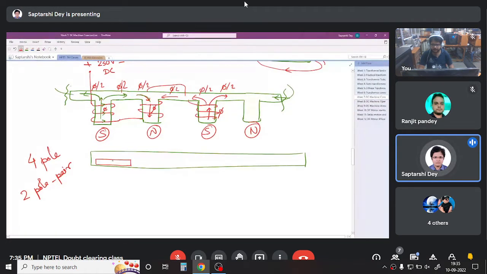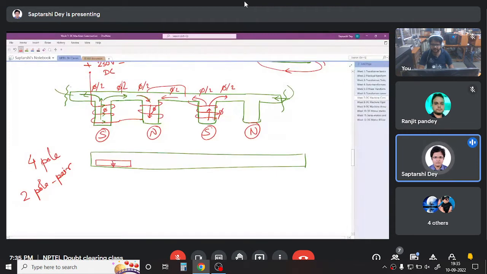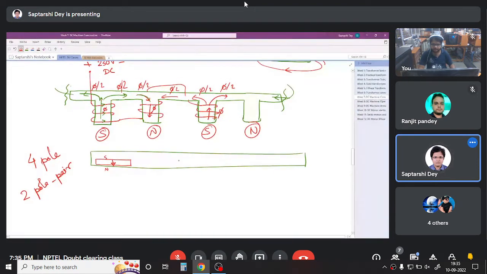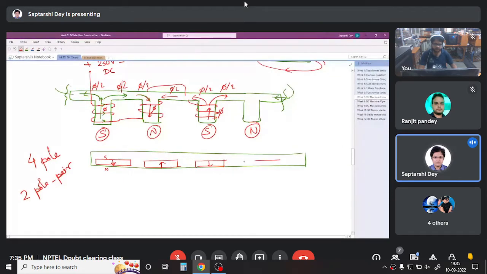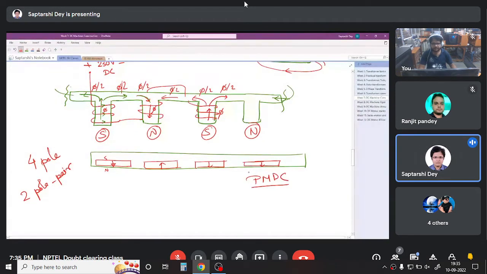So this is one permanent magnet whose magnetization direction is this, meaning this is north pole, this is south pole. Another permanent magnet, opposite direction, another one, same direction, another one, just to complete the diagram, opposite direction. So this is also possible. This is PMDC, permanent magnet DC. And this is a normal DC machine.